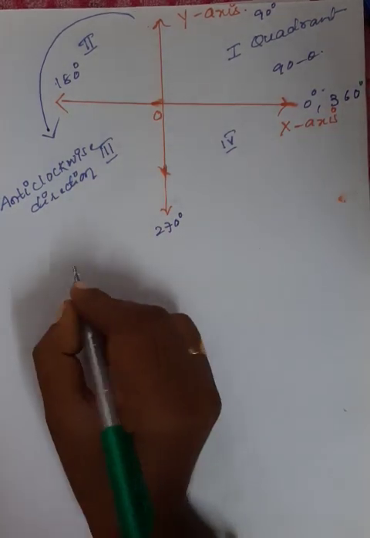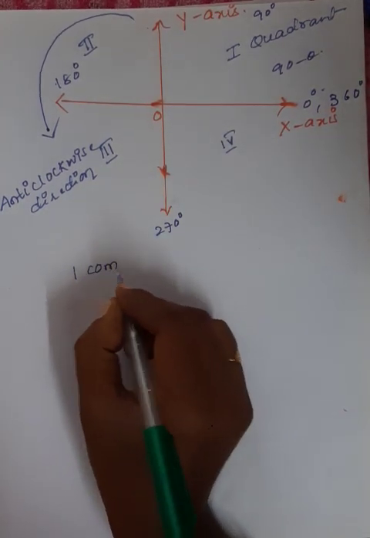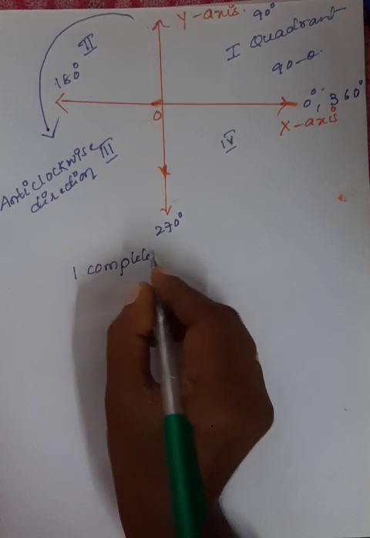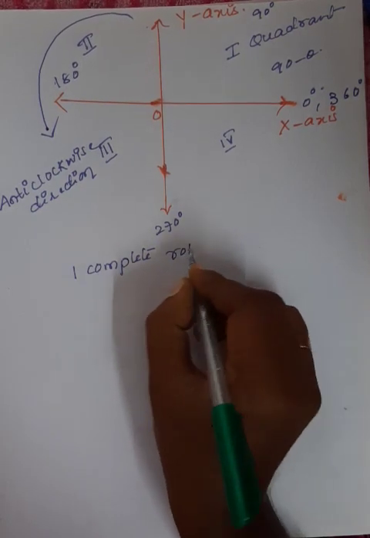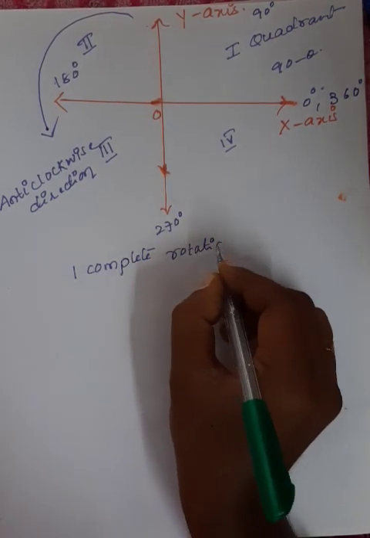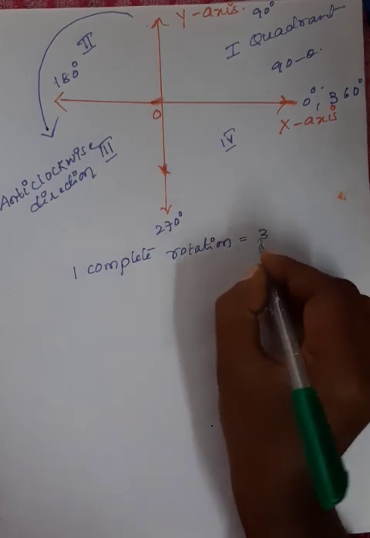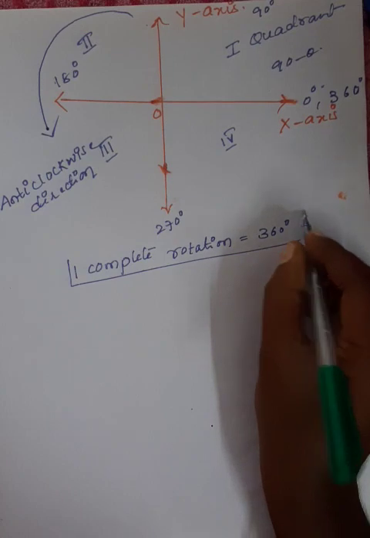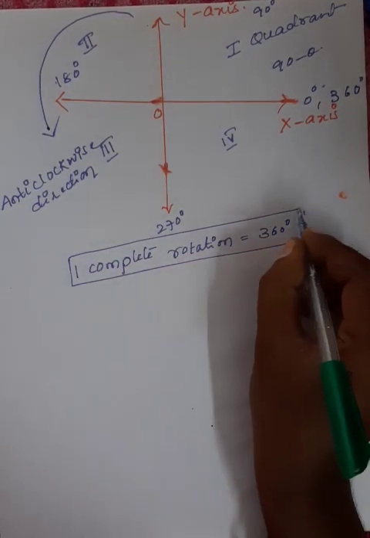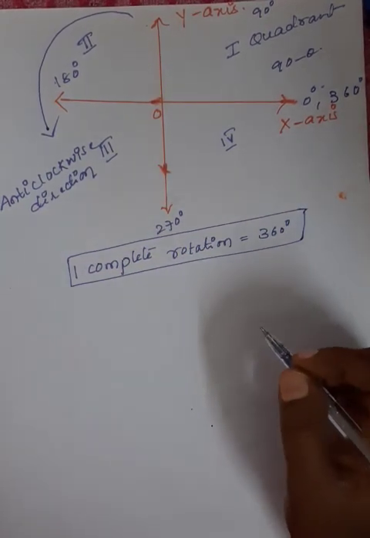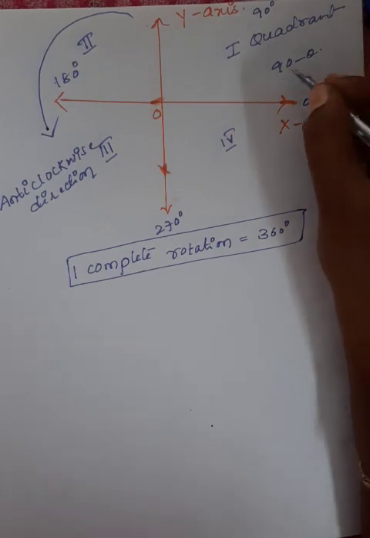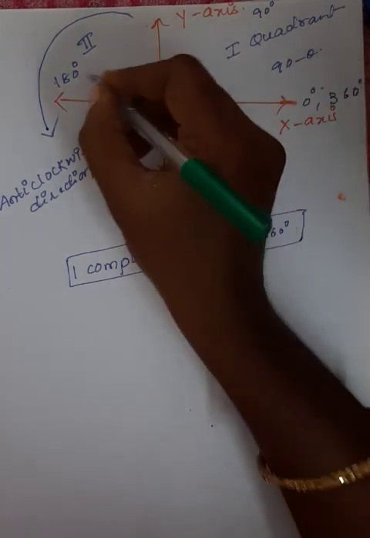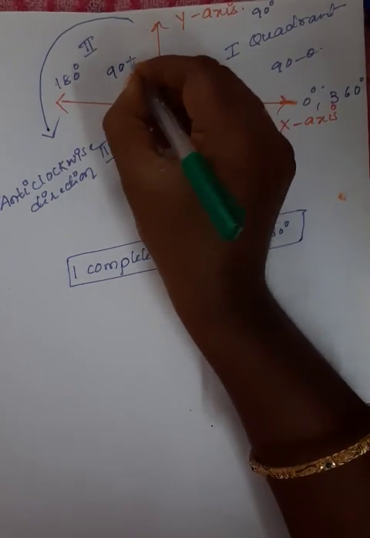Therefore one complete rotation is equal to 360 degrees. Now you have to start with 90 minus theta, 90 plus theta.